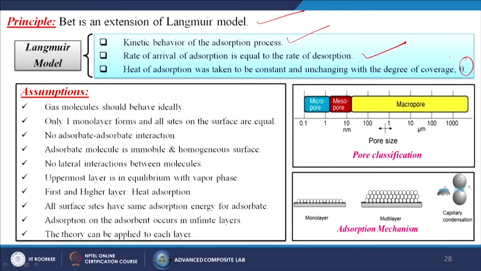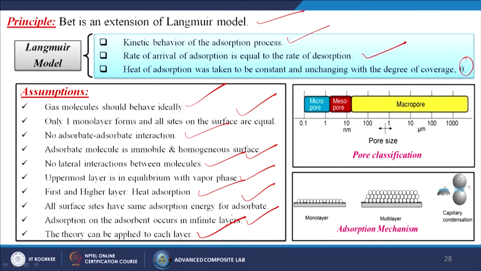Gas molecules should behave ideally, only one monolayer forms and all sites on the surface are equal, no adsorbate interactions, adsorbate molecules are immobile and the surface is homogeneous, no lateral interactions between molecules, the uppermost layer is in equilibrium with the vapor phase, first and higher layer heats of adsorption, all surface sites have the same adsorption energy for the adsorbate, adsorption on the adsorbent occurs in infinite layers, and the theory can be applied to each layer.